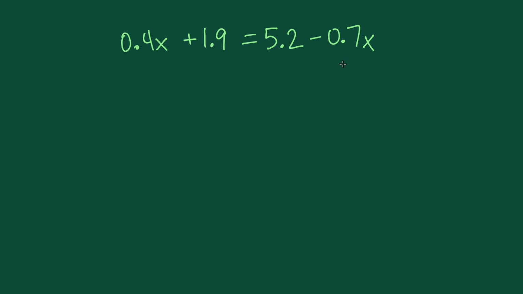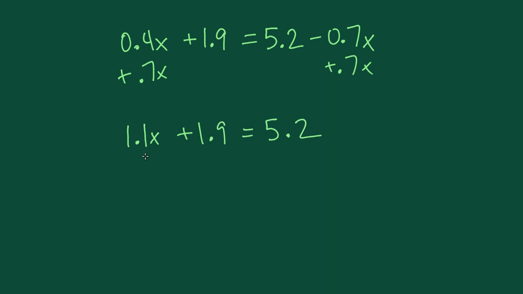Let's add 0.7x to both sides. Okay, so plus 0.7x plus 0.7x. So this part cancels out, right? That's a 0. And here, 0.4x plus 0.7x is 1.1x. Okay, so now let me just rewrite the rest of the equation here. So 1.1x plus 1.9 equals 5.2.